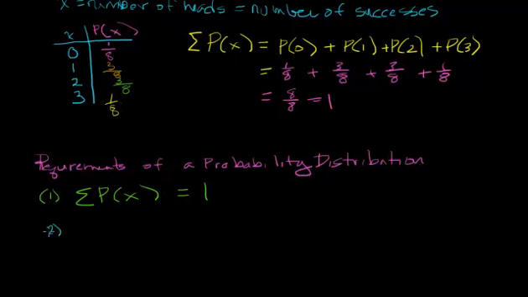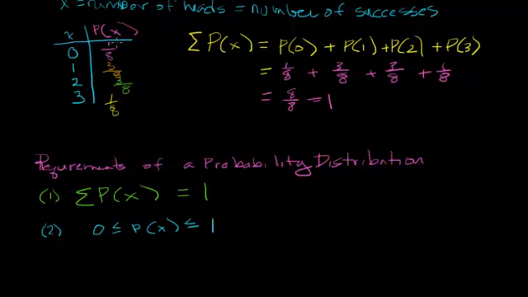And the second one, and we've also seen this, is that all of the probabilities in our sample space lie between 0 and 1 inclusive. We don't have any probabilities greater than 1. We've already discussed that that wouldn't make any sense. And we don't have any probabilities less than 0.